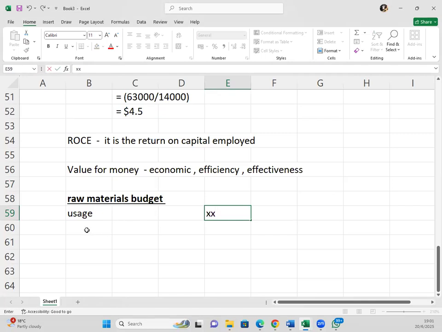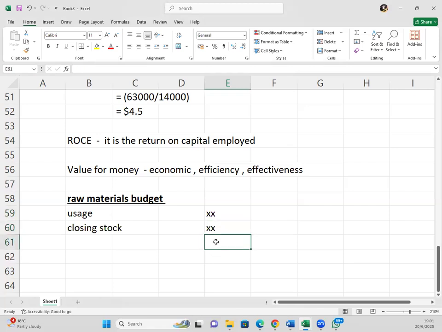That is the material that you are going to use, plus the material that you remain with. So usage plus closing stock. If you buy material, you want the one that you use plus the one that is remaining in stock less the opening stock. So if it's the raw materials budget, you say the usage plus the closing stock less the opening stock.